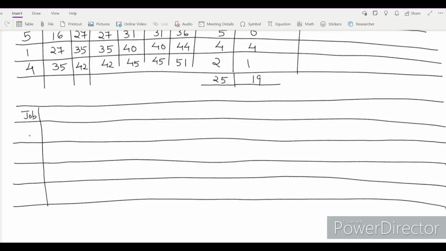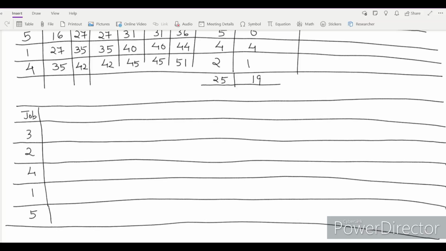This job sequence is, suppose, 3, 2, 4, 1, and 5. Then this is your machine 1. Let's say machine 1 in or out time, machine 2 in or out time.